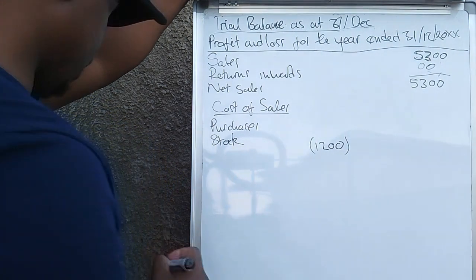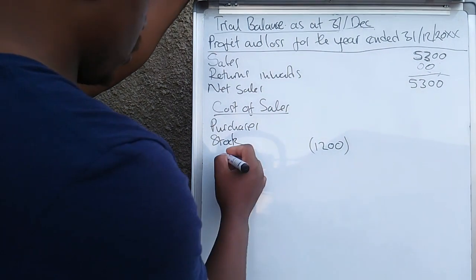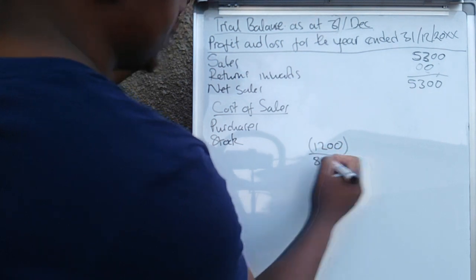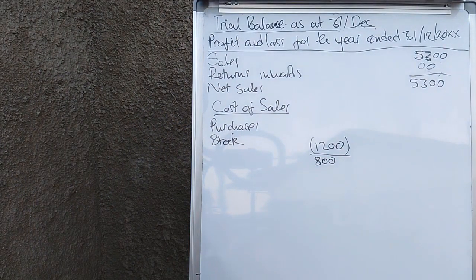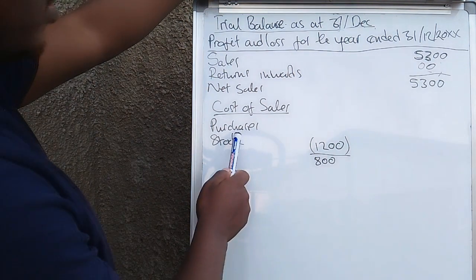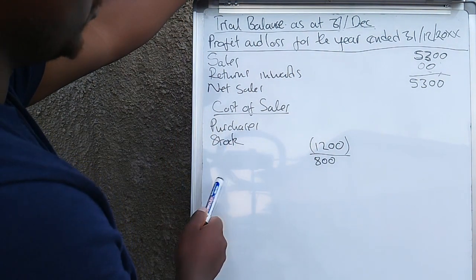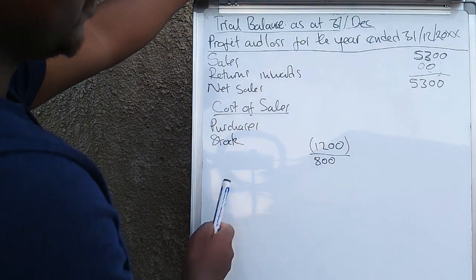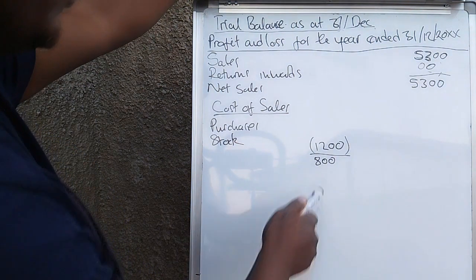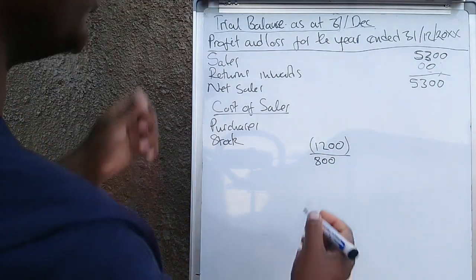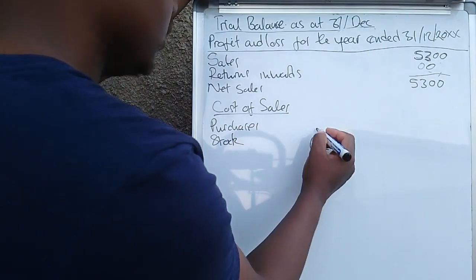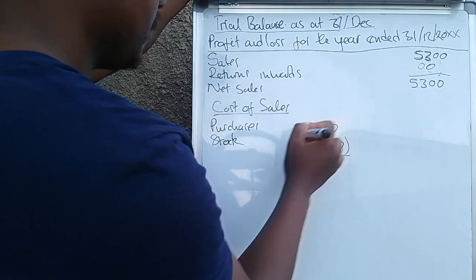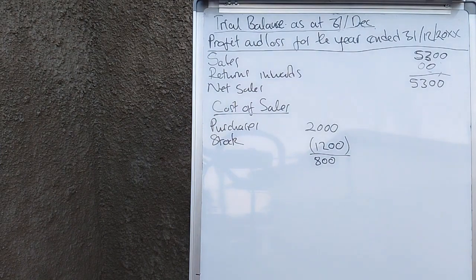Our purchases is unknown. Our cost of sales is 800. So what it means is that if cost of sales is equal to purchases minus closing stock, then what is purchases here? We have cost of sales and closing stock. It means we are just adding these two figures. So our purchases were 2,000. That's it.